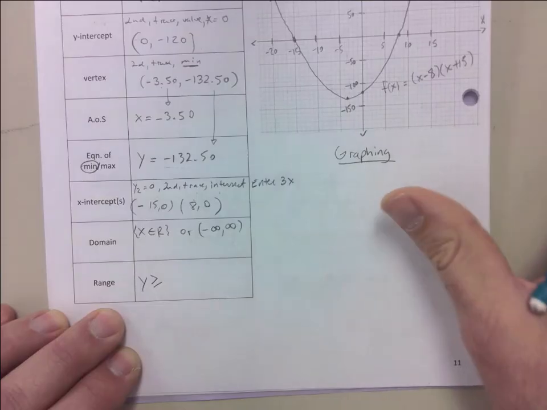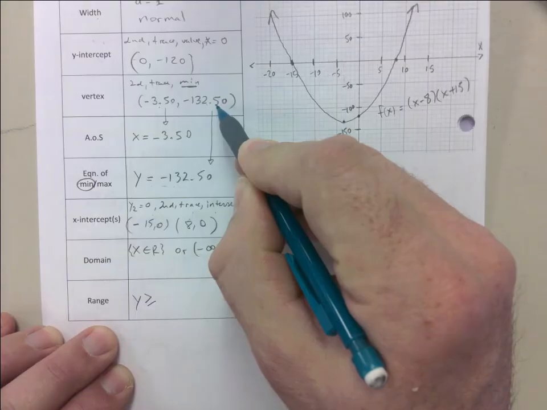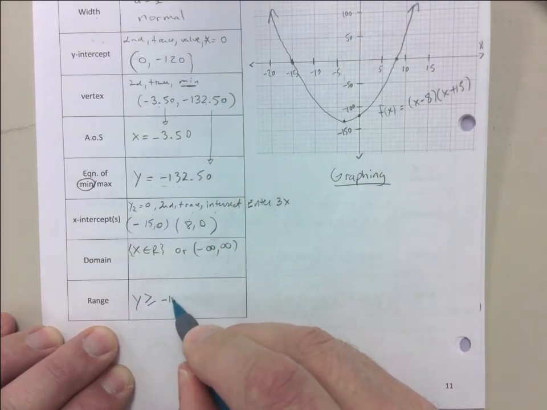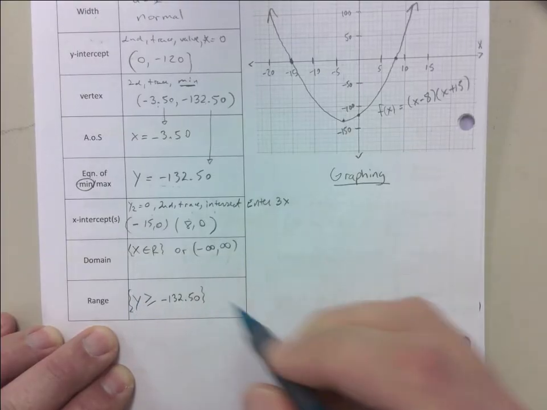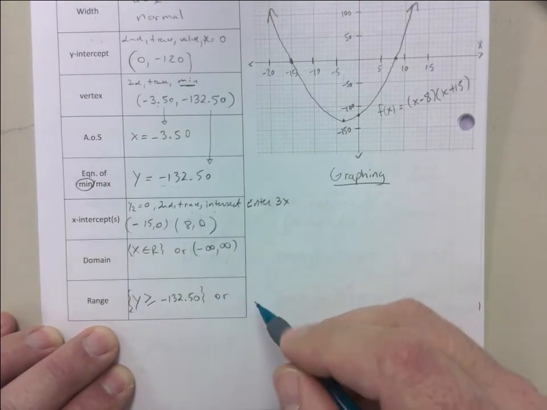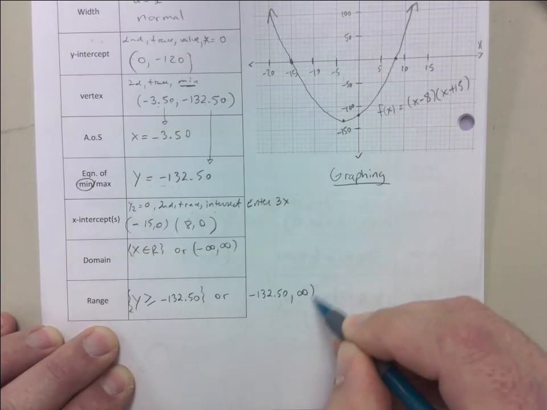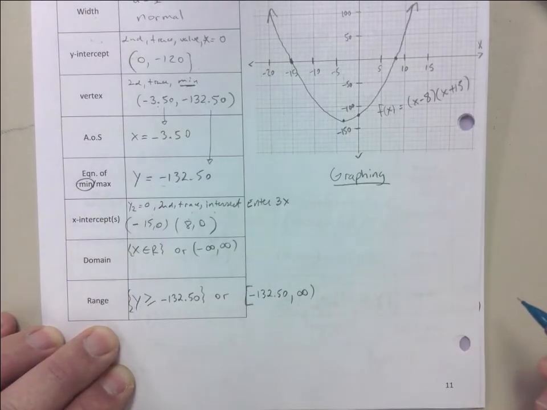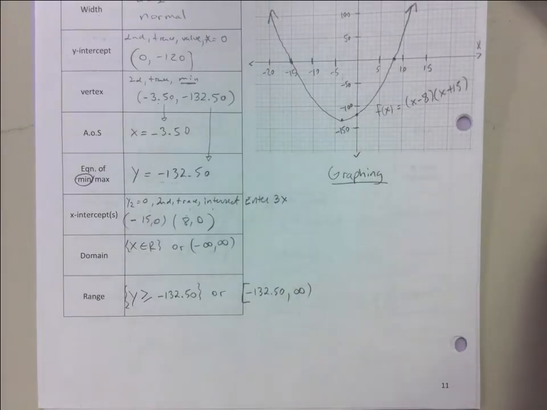I already determined that the y value of the vertex is negative 132.50. That's what you write down there. Or negative 132.50 to positive infinity. Either one will do the trick.